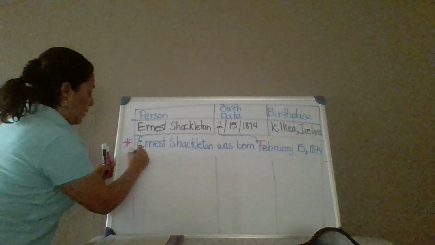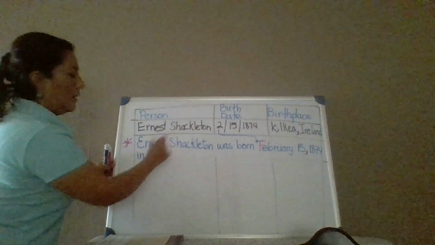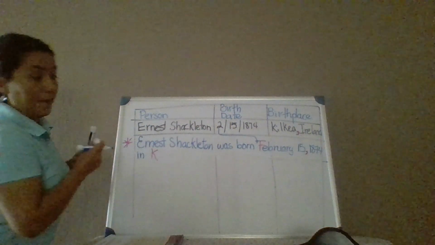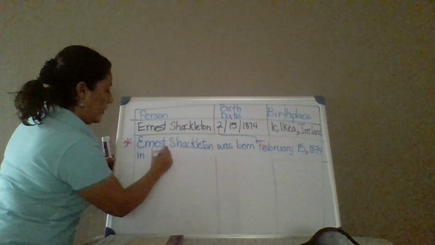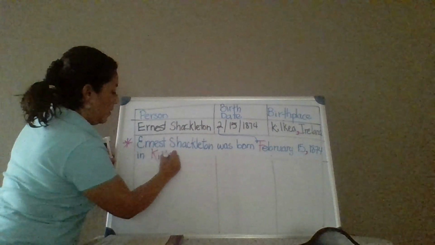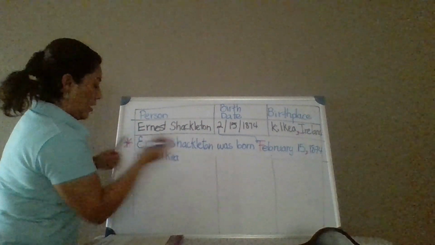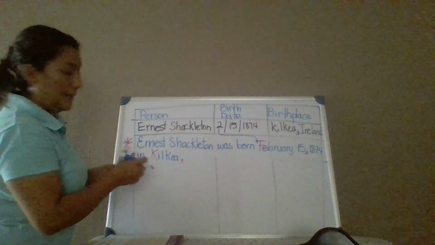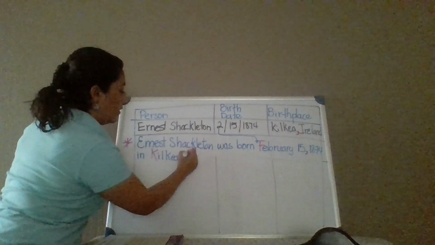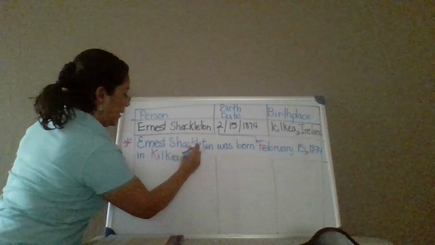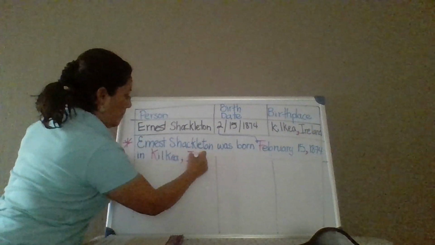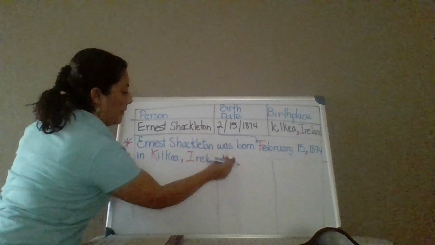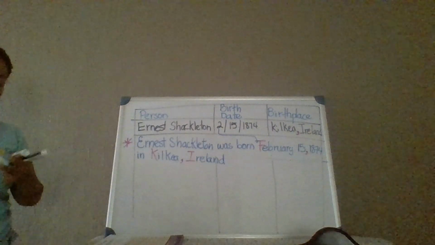Where? In Kilkea. That's the name of a place. So we use a capital and we copy the same letters. Kilkea, comma, to separate a city and a state, or a city from a country. Kilkea, Ireland. Okay, that is a sentence.